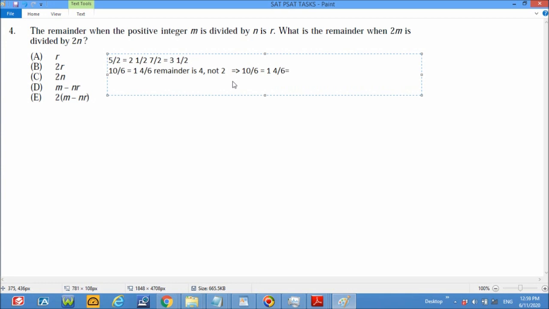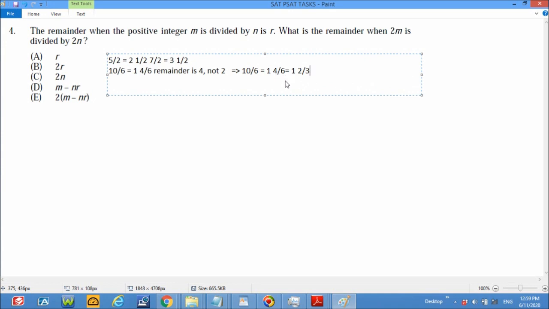And you can tell me that we can do some rearrangement, and it will be 1 and 2 thirds. So you can tell me that the remainder here is 2. And by the way, it's wrong, because the remainder here is exactly 4. The remainder is the whole part that remains after division. And in this case it's also a whole part, but we did not divide by 3, we divided by 6. So the remainder here is what we have after dividing by 6.